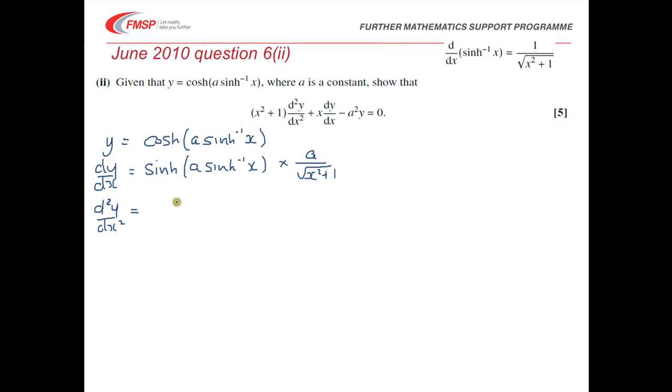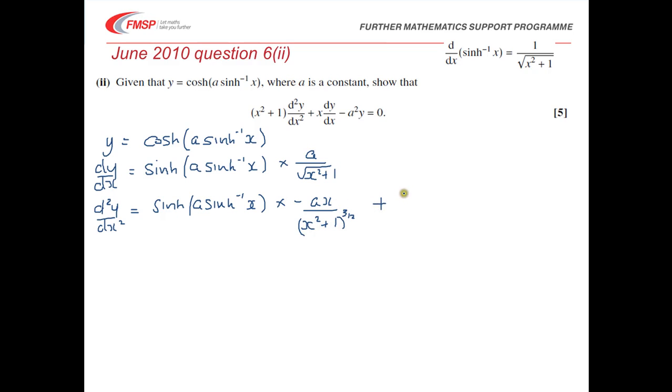So we will leave this first bit and we'll differentiate a over the square root of x squared plus 1. We're writing that as x squared plus 1 to the power of minus a half, and just differentiating carefully we should get minus ax over x squared plus 1 to the power of three halves. I'm going to use fractional powers because that's what we will do when we're differentiating.